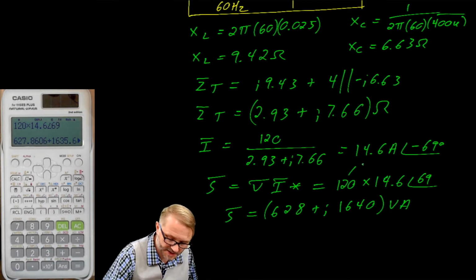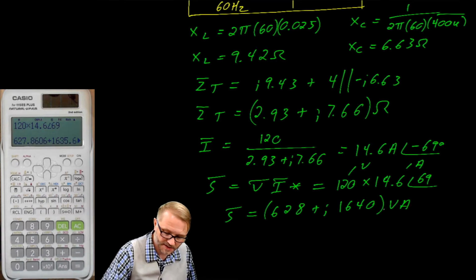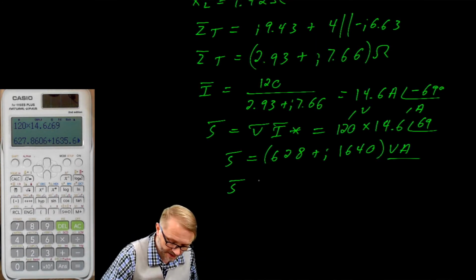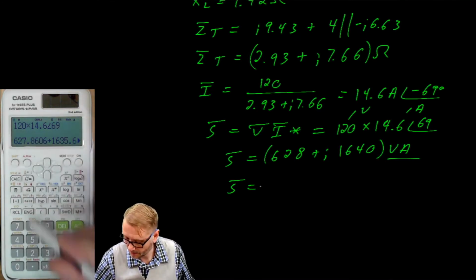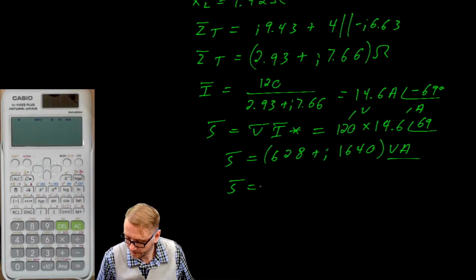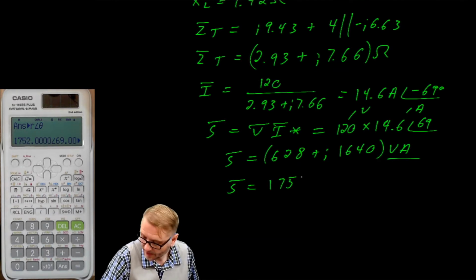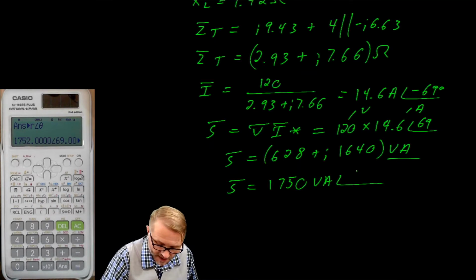You could think of this as volts, and this is amps, yielding volt amperes. You can also put that into polar form. So that's 1,750 VA at a phase angle of 69 degrees.